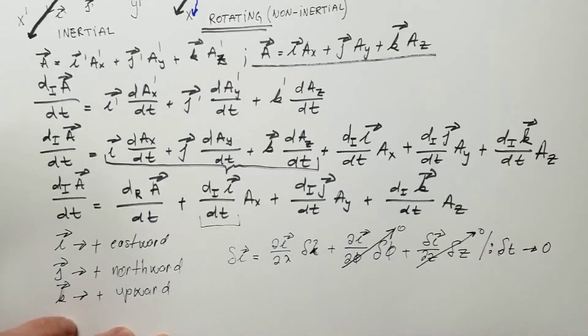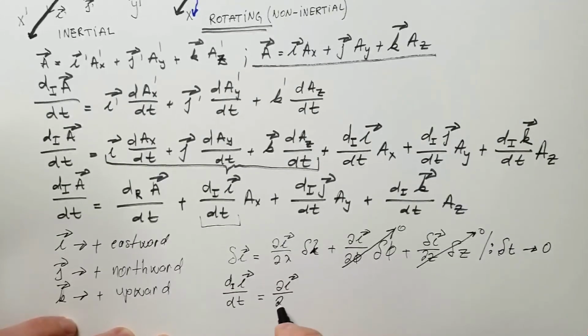That will give me the derivative d in the inertial frame of reference, di dt, equals delta I delta lambda times d lambda over dt.